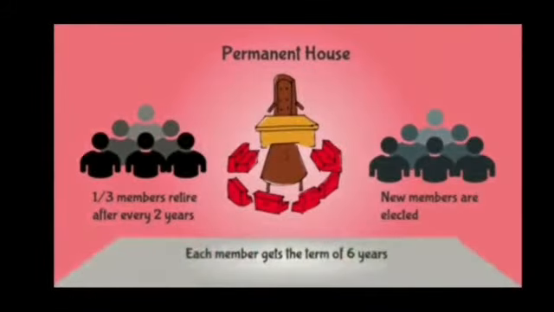The Rajya Sabha is a permanent house and is never dissolved completely. One third of the members of Rajya Sabha retire after every 2 years and new members are elected in their places. In this way, each member gets a term of 6 years.